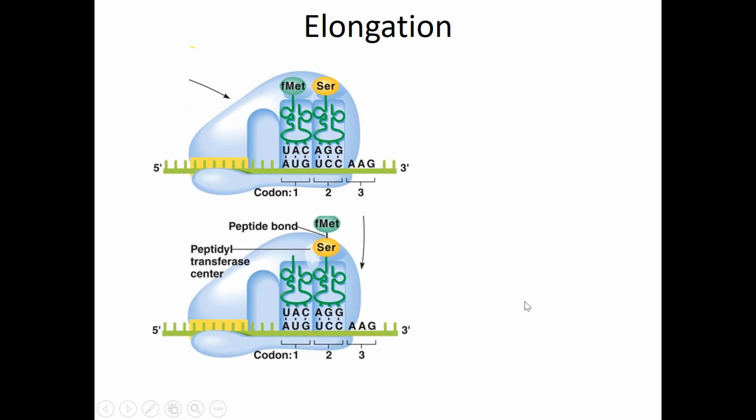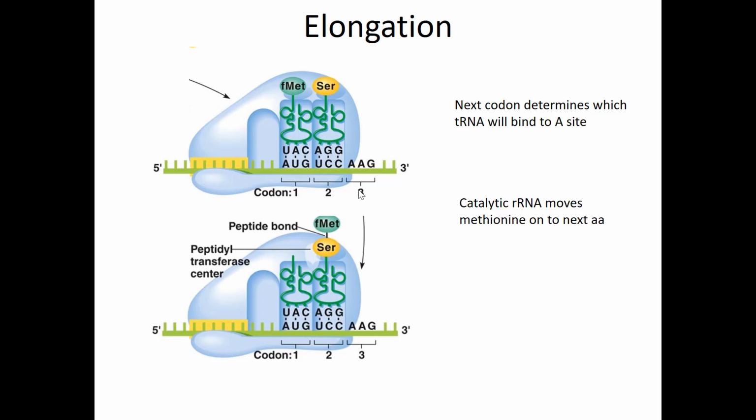And so here's elongation, and elongation will continue as long as a tRNA can bind to the next codon by matching up its anticodon. Remember, in this third position, we have some wobble, some flexibility. So the same tRNA can actually bind to possibly more than one codon.